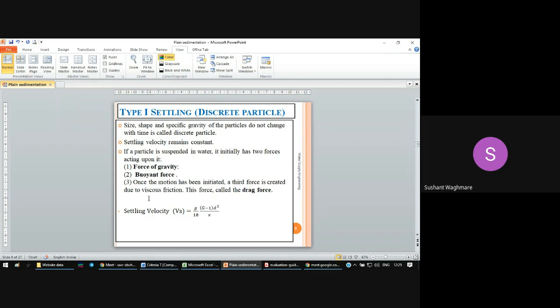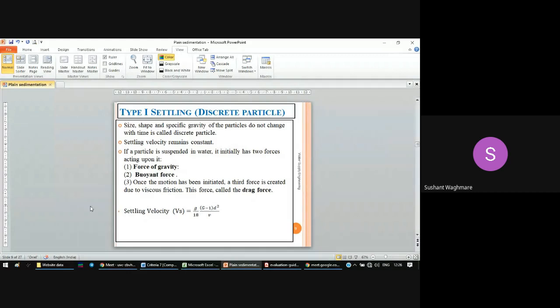Viscosity is the property of fluid which resists the motion of the fluid, right? This is what we call friction in the water, which is also called viscosity. And because of this viscosity, another force is created, which is called the drag force. So these are the three forces acting on a particle which is suspended in water.